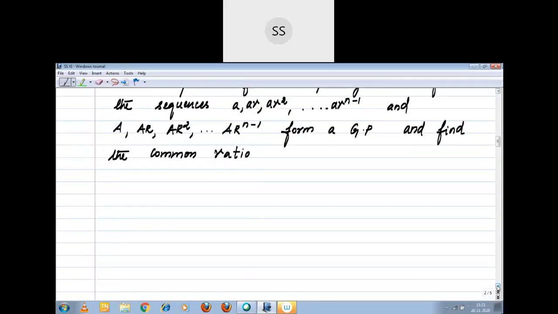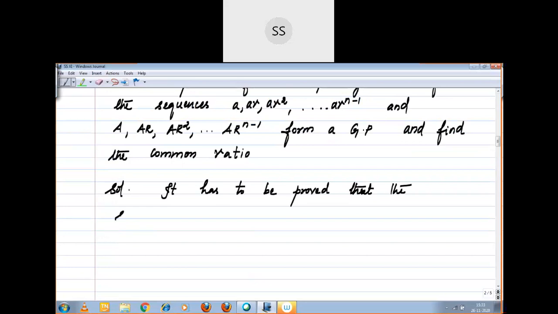Solution: it has to be proved that the sequence, product they said, A into capital A, AR into capital AR, AR square into capital A capital R square, etc., AR power n minus 1 into capital A capital R power n minus 1 forms a GP.